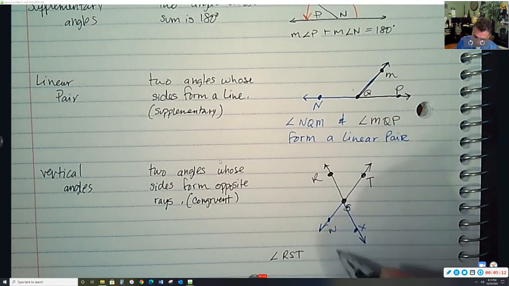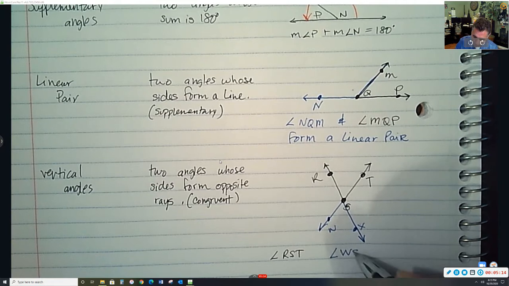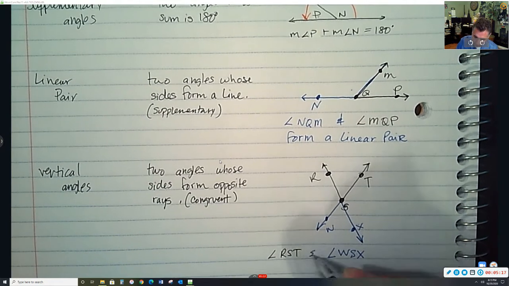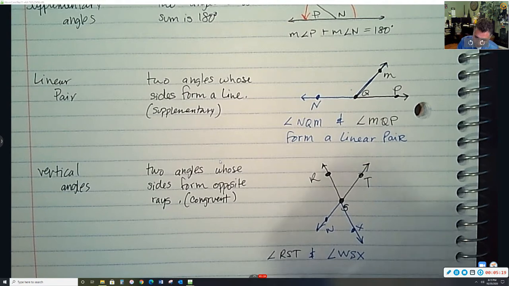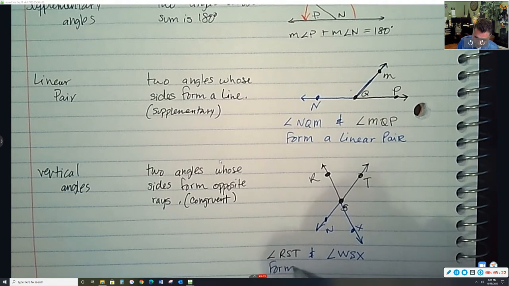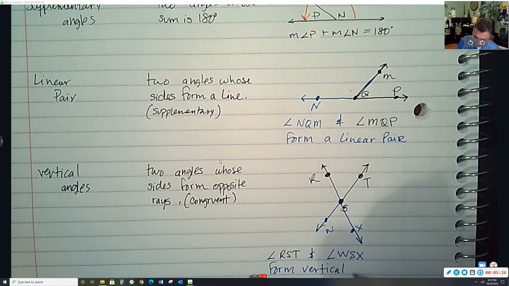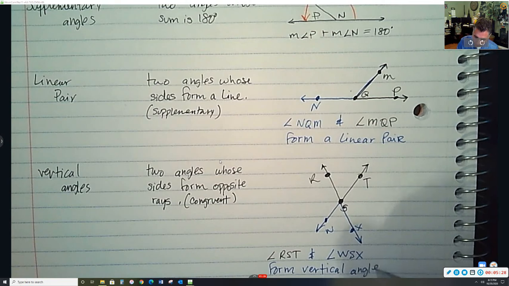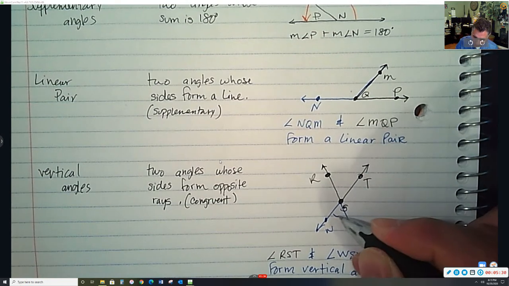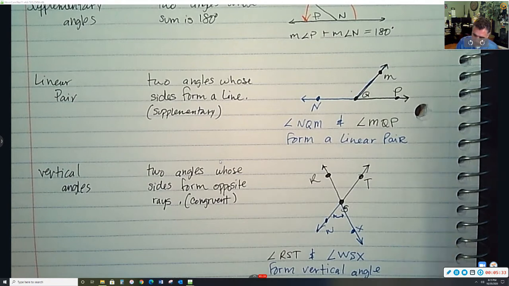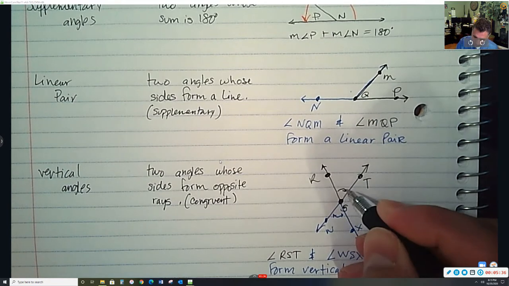WSX. So these two angles form vertical angles, right? And really, again, we're talking about this angle in here and this angle in here.